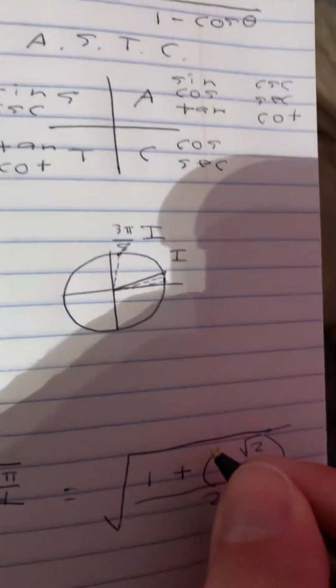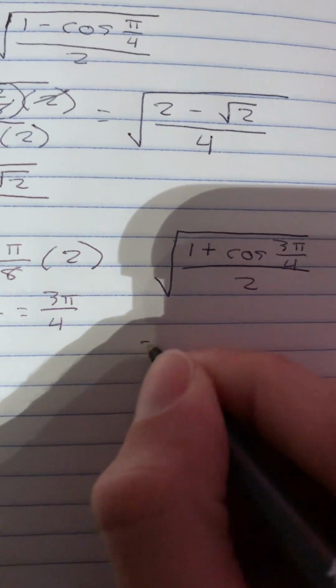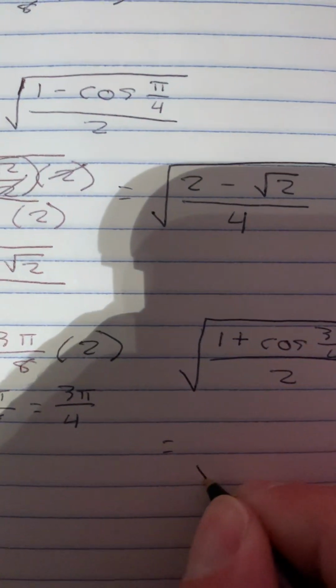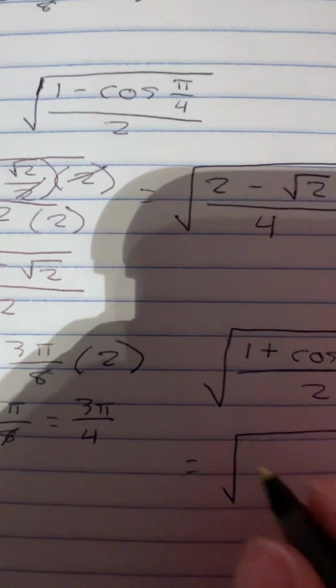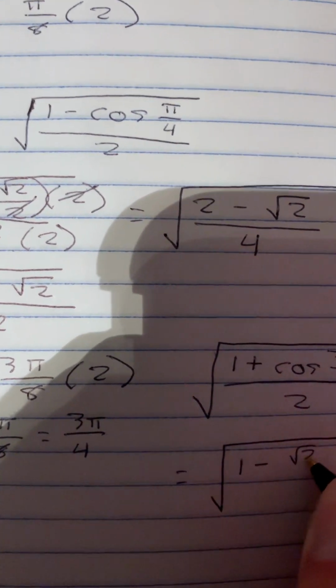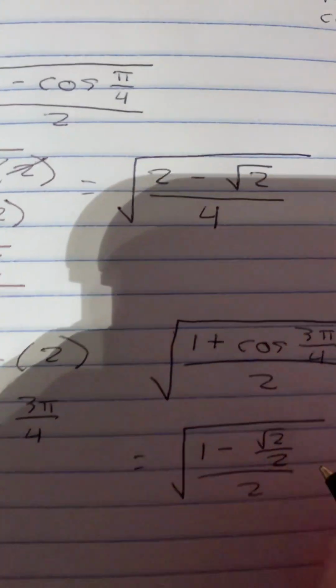And then a plus and a minus is going to become a minus, right? I'm just going to rewrite this. So square root of 1 minus root 2 over 2, all over 2.